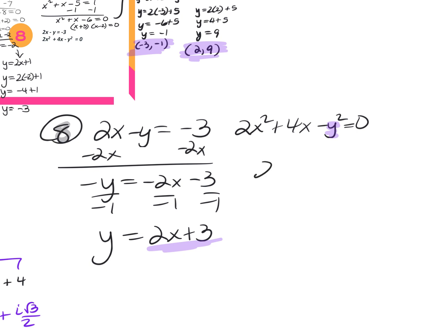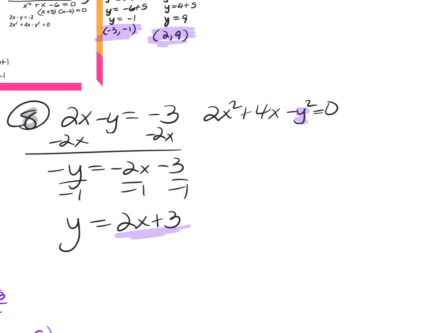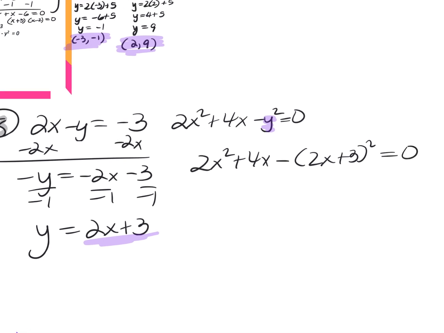So I'm going to get 2x squared plus 4x, the minus sign, and then I'm going to put 2x plus 3, square it, and then equal 0. So I am going to FOIL this binomial. And once I do that, I'm going to get 4x squared plus 12x plus 9, and I'm going to rewrite the rest of the problem.